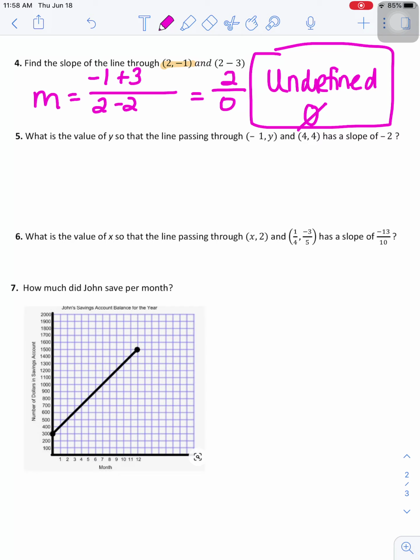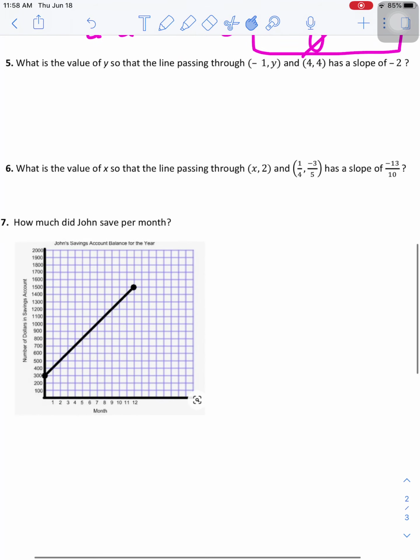All right, number 5 is sort of a little bit of a challenge problem. It's kind of using the formula and knowing how to manipulate it to get back to one of the missing coordinates. So in number 5, it asks us for the value of y so that the line passing through (-1, y) and (4, 4) has a slope of -2.